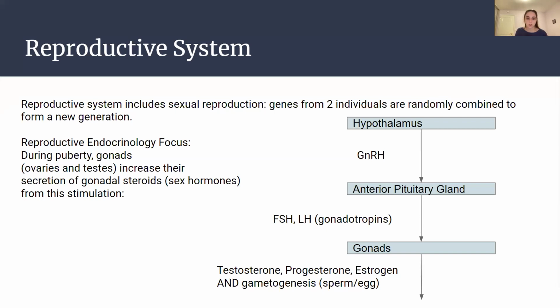And these hormones are known as gonadal steroids. Also, it's going to prompt gametogenesis. And so gametes are sperm and eggs. So sperm is found within the testes, eggs are found within the ovaries. And so the genesis of these cells is going to form as well.